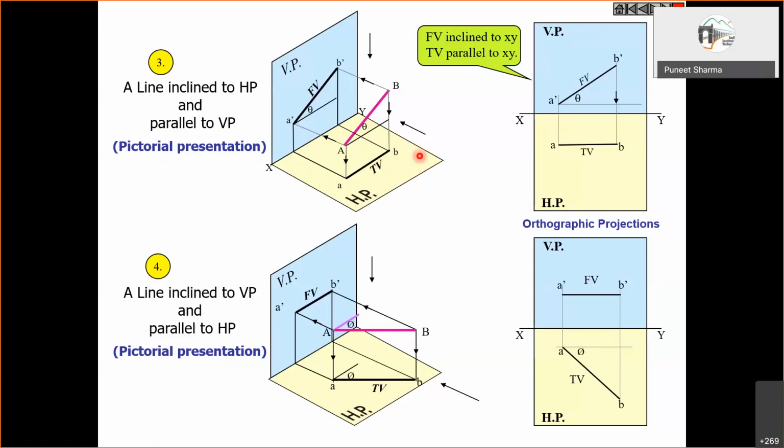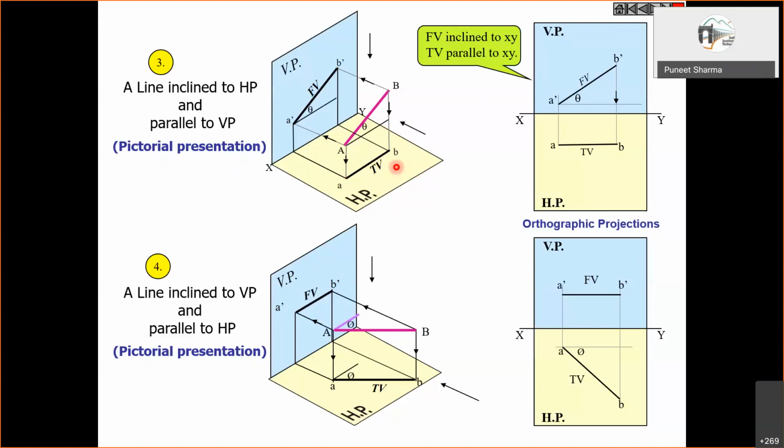So you see this movement exactly will be what? If you consider in the top view, it will be equivalent to rotation of small b about A, right? So as long as this theta is not changing, this small a small b, the length of the top view, will not get altered, right? As long as this theta is same, this length of the top view will not get altered.